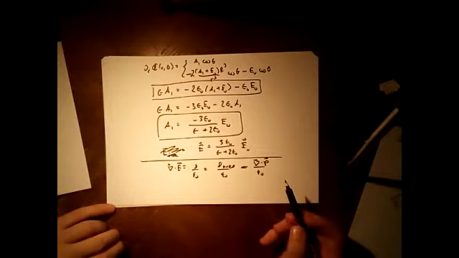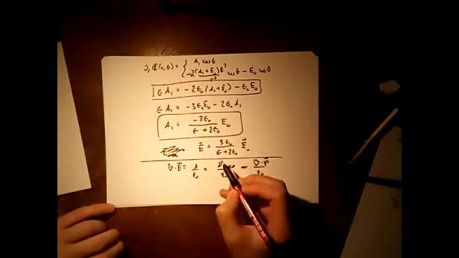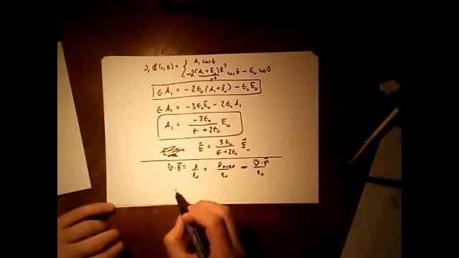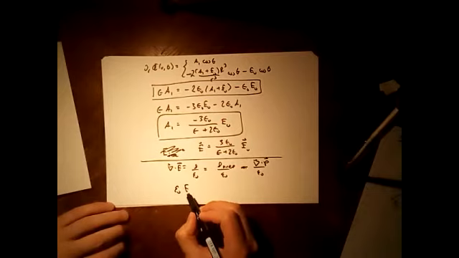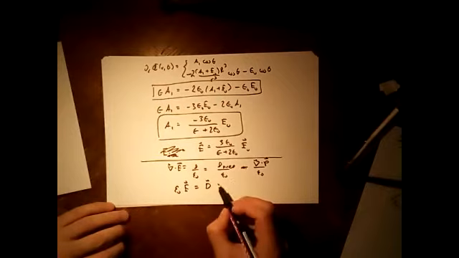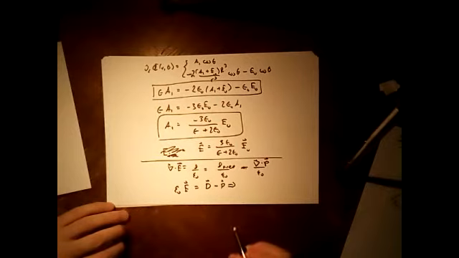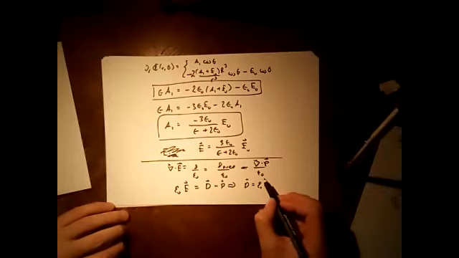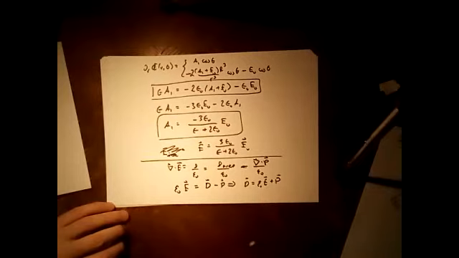What I'm after is the polarization in terms of the electric field. Epsilon 0 E is equal to D minus P, from which we get that D is equal to epsilon 0 E plus P.